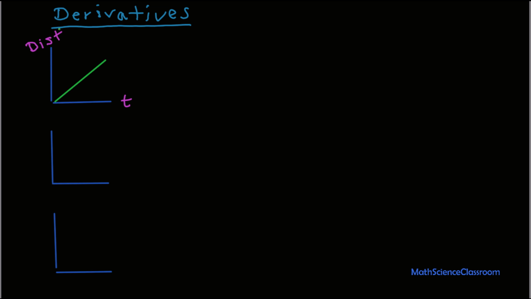So it's a straight line that you've drawn, and the formula would be distance, d(t) equals mt, basically describing a straight line.